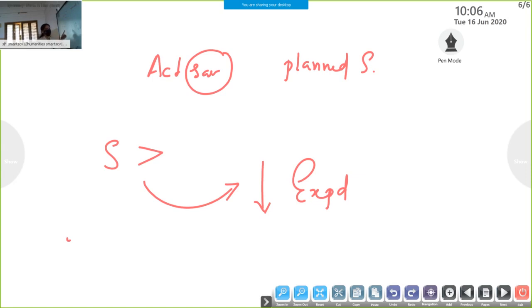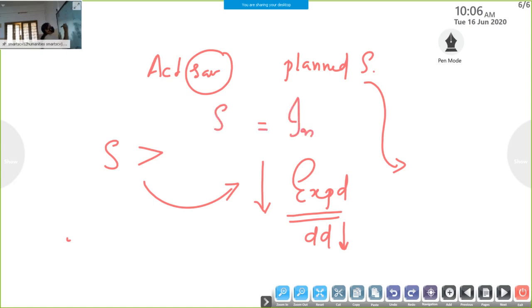Clear? That time what will the producer do? Expenditure is less, means demand is less. They are not ready to produce more. They will cut their production. But at the equilibrium level, saving is equal to investment. What households plan to save is equal to what the producers plan to invest. That is the equilibrium position.